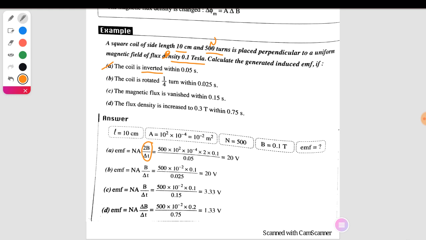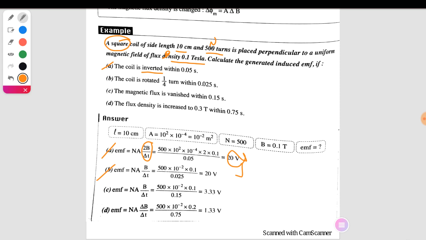Number of turns is 500 times area 10 squared, because the coil is in the form of a square, area equals side by side, 10 times 10 equals 100 times 10 power negative 4 to convert from centimeter square to meter square, which is the international unit, times 2 times 0.1, the value of the magnetic flux density, divided by 0.05, the time taken. The result equals 20 volt.